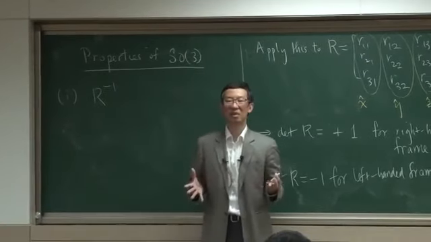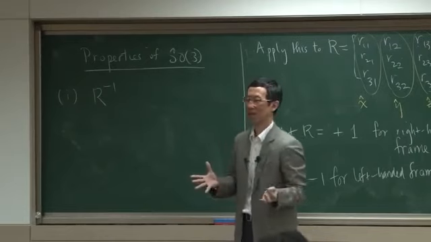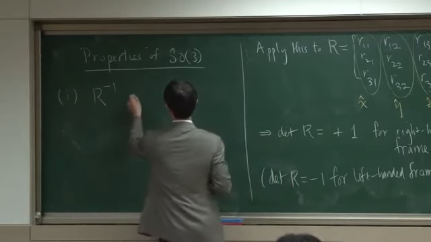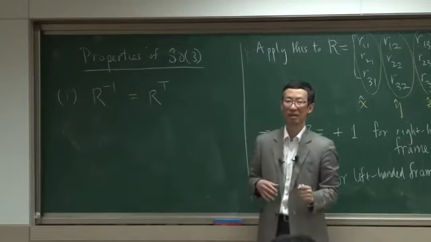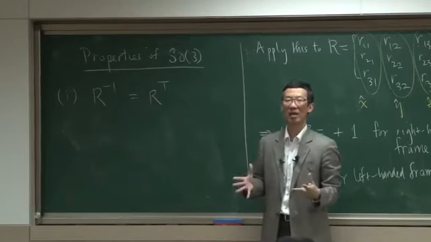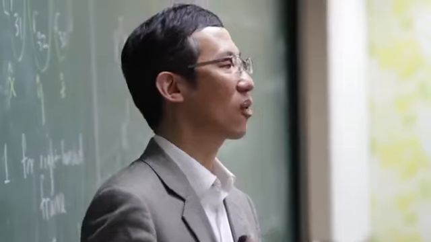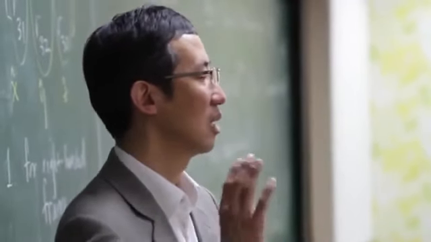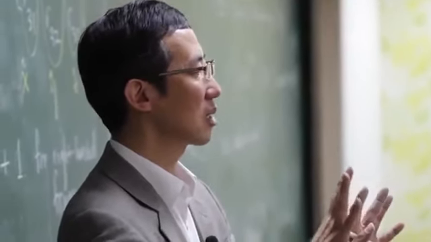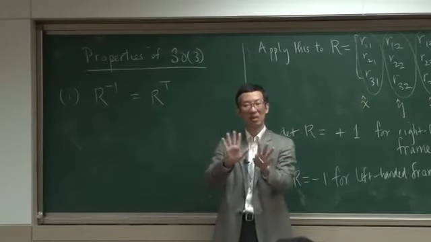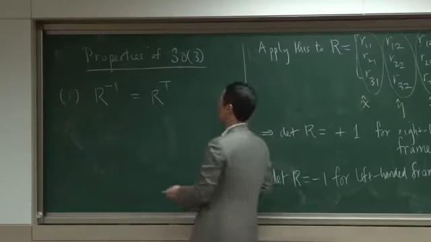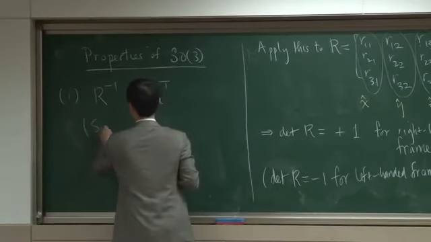The first property: suppose I want to take the inverse of R. What is it? In the case of a rotation matrix, it's quite easy. It's just the transpose. Why? The definition of an inverse is that if I multiply some matrix by another matrix and I get the identity, then these are inverses of each other.